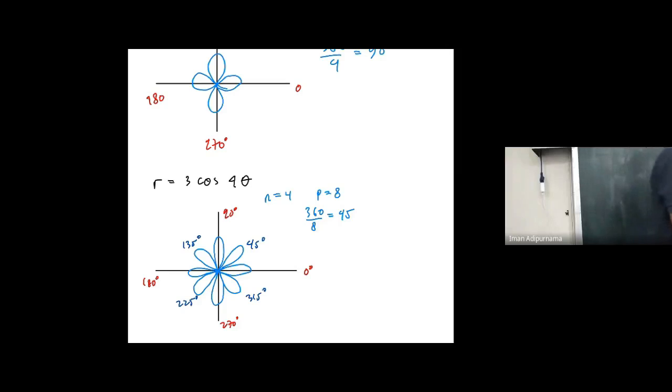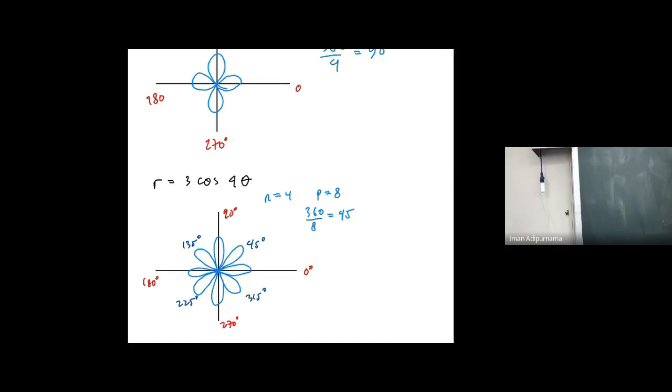I think that's the important thing about sine, cos, odd, even in rose curves. I think the easy one is the even petals. The pattern is easy to draw. For odd, you need to look at whether it is sine or cos to determine in which direction the first petal is.